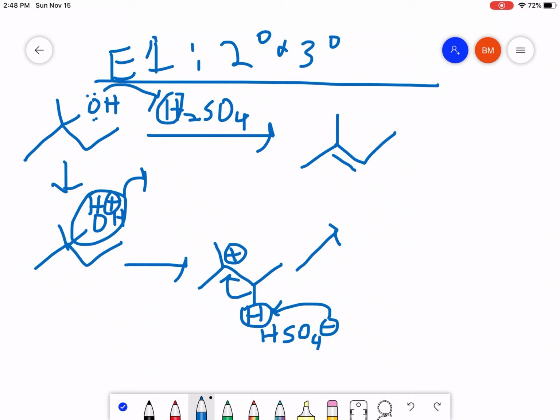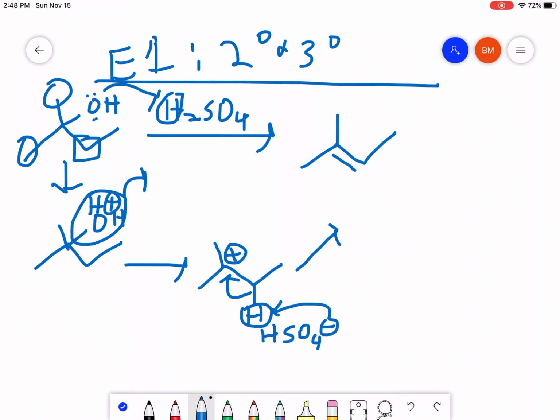Not too bad, right? Now, what's one thing we haven't accounted for yet? If you look closely, we have more than one type of beta hydrogen. We also have beta carbons here and here. These two are exactly the same as each other, so we'll just pick one of them to work with. But it's definitely different from that one.